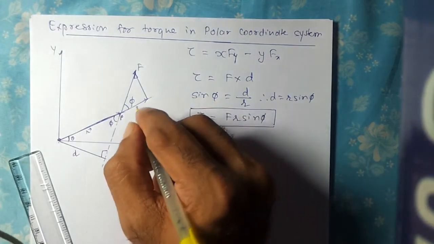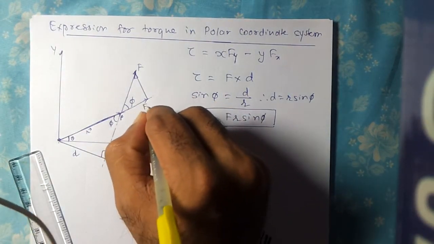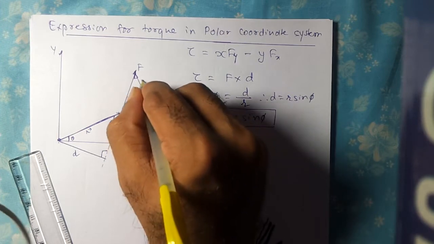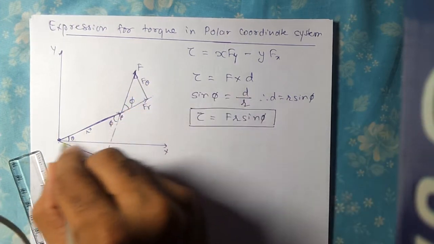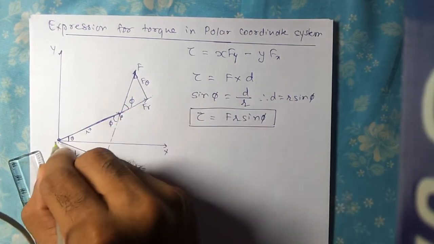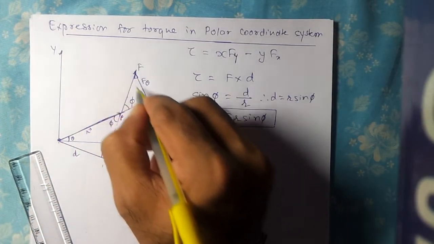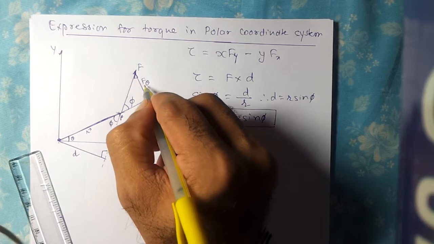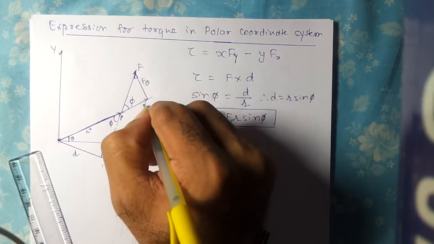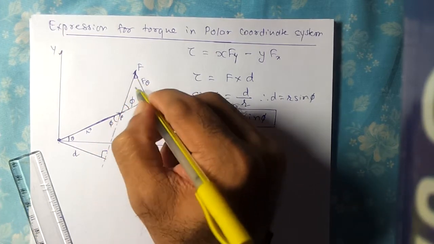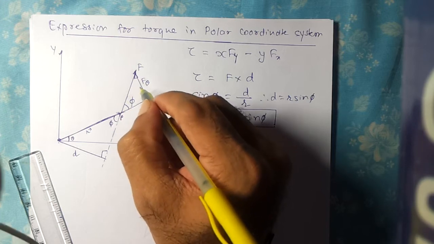So these are the two components of the force. I will call this F r, and I'll call this F theta. R because it is radial, right, directed towards the center of the circle, and this is in the direction of angular rotation, therefore F theta. Right? So F r and F theta are the two components of the force F.